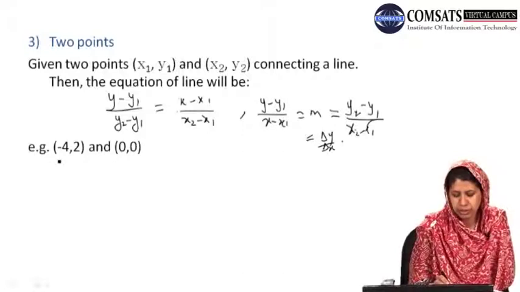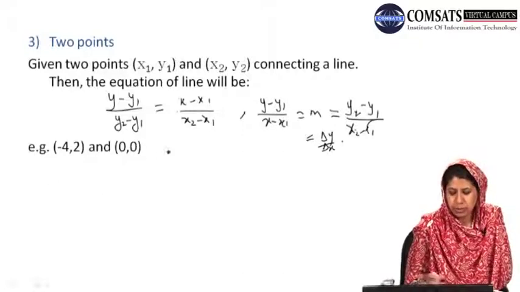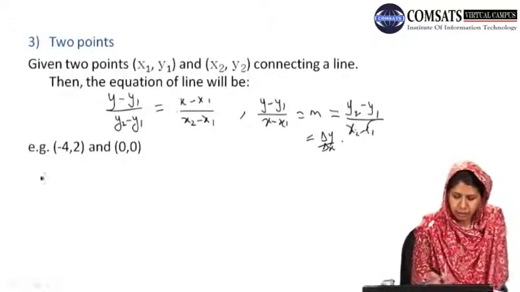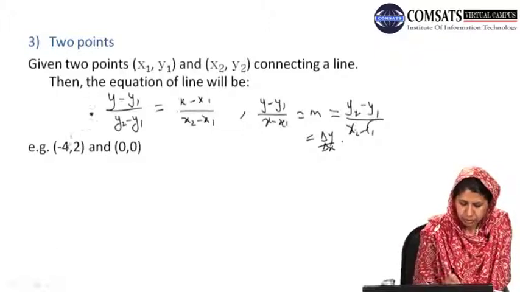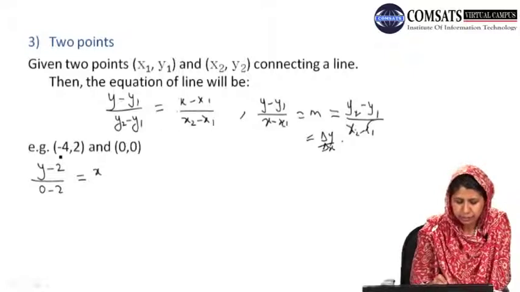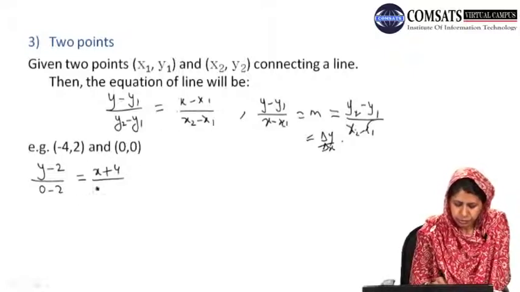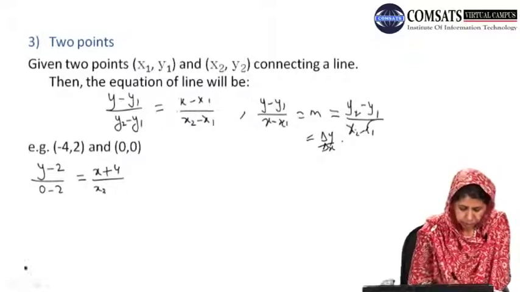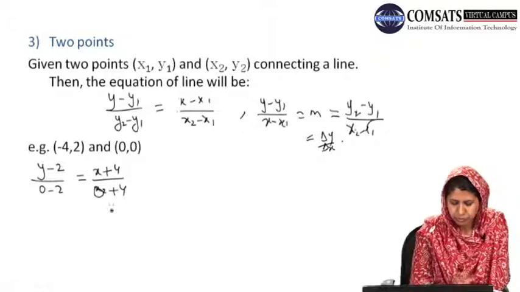Okay, let's have a look at one example. We have 1 point minus 4, 2, and the second point is the origin 0, 0. What do we get? That y minus y1, which is 2, over y2, which is 0, minus y1, which is 2, is equals to x minus x1, where x1 is minus 4, we get plus 4 here, over x2 minus x1, x2 is 0 actually, 0 plus 4.